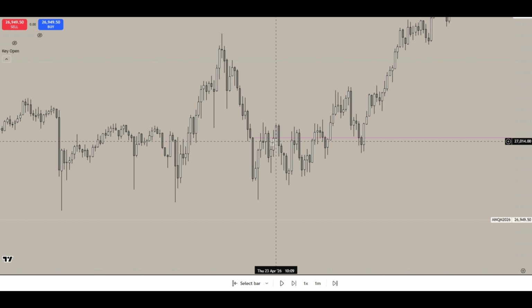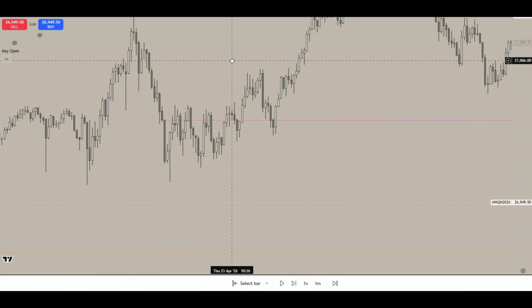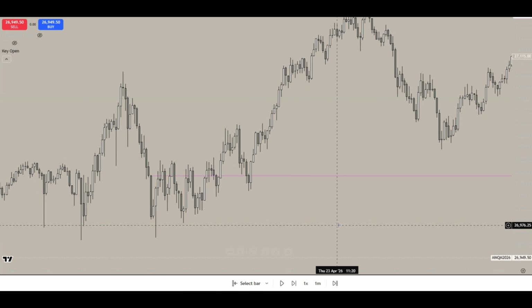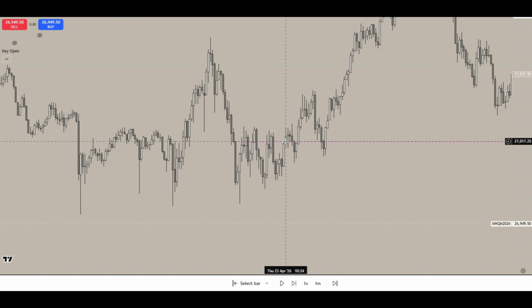So in this example, we are looking for longs. This is a long biased day. And you need proper manipulation above the key level when you want to look for this direction. So what that means is, if we want to long this, we first need manipulation significantly higher than these highs above the key level.